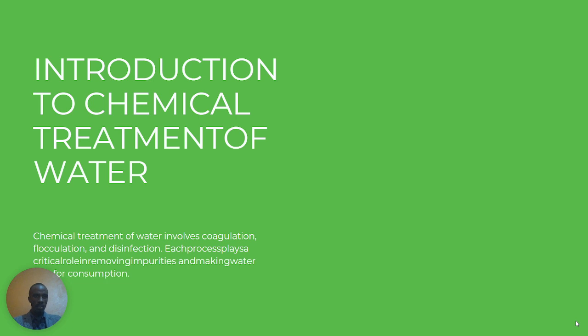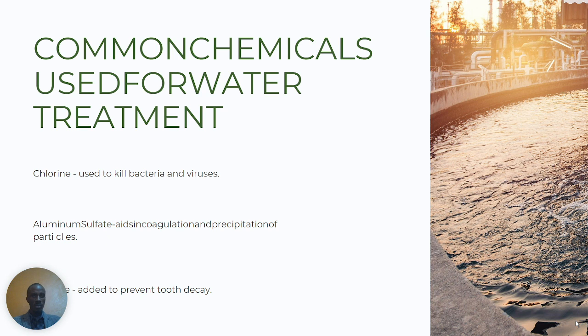And it involves coagulation, flocculation, which are also processes that we discussed earlier on, and disinfection, because all these processes use chemicals. Each process here plays a critical role in removing impurities and making water safe for consumption.